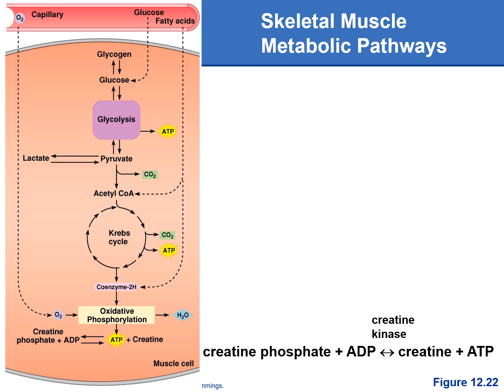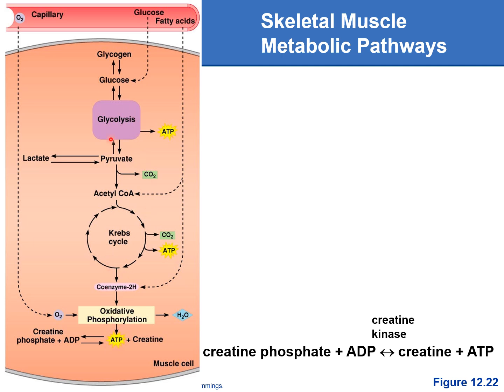If you're doing light to moderate exercise, we can use the mitochondria and do aerobic respiration. So you can see the pathway here where we've got the 4 steps of aerobic respiration. So you've got glycolysis, and then you'd form acetyl-CoA, and then the Krebs cycle, and then oxidative phosphorylation.